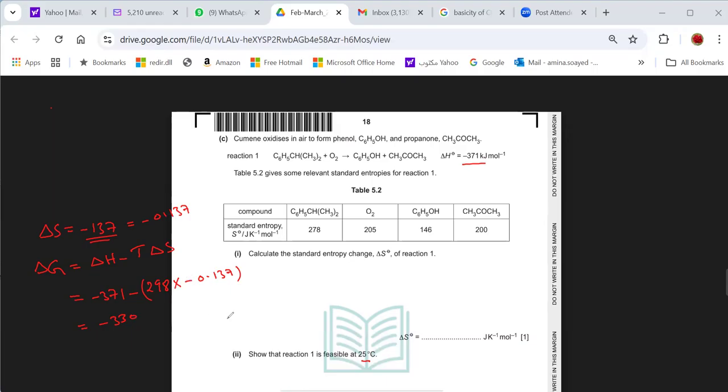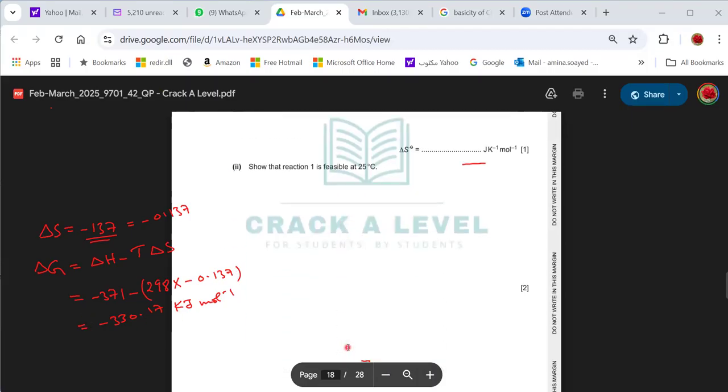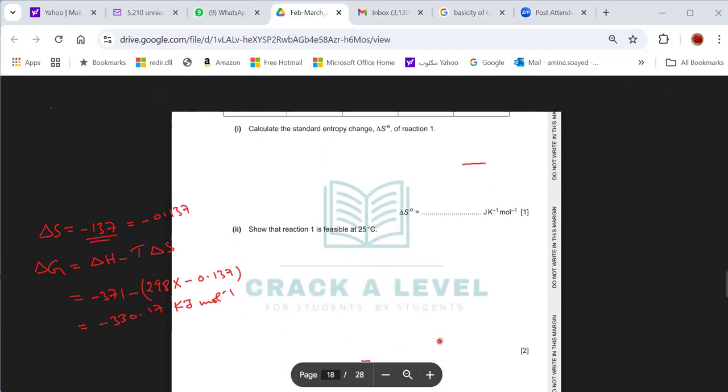So it's minus 330.17 kilojoules per mole. And so since they said show that this reaction is feasible, we calculate the delta G, and we say that since delta G is a negative value, the reaction is feasible.